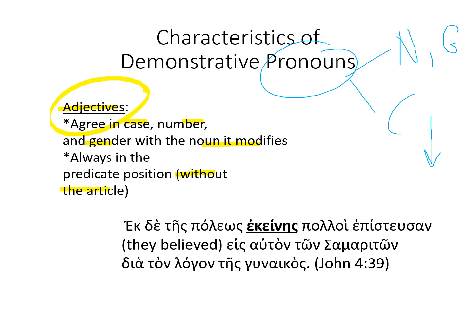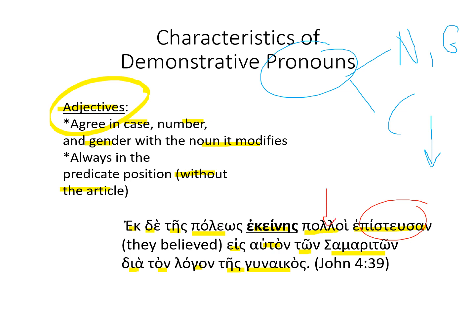Let's read here. Ek de tes poleos ekeines polloi episteusan eis auton ton Samariton dia ton logon tes gunaikos. Here's our verb, episteusan. Here's our subject, the nominative here.